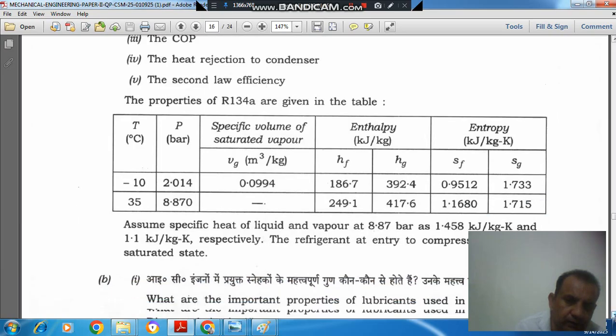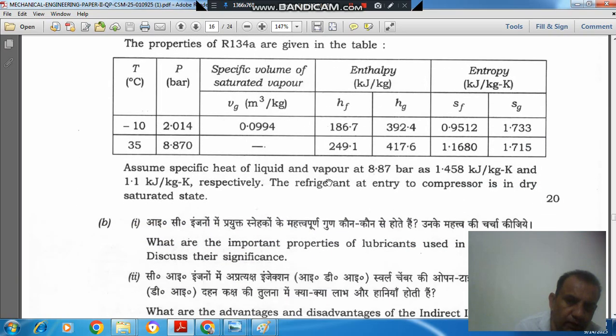Assume specific heat of liquid and vapor at 8.87 bar as 1.458 kilojoule per kilogram per degree Kelvin and 1.1 kilojoule per kilogram per degree Kelvin respectively. The refrigerant at the entry to the compressor is in dry saturated state.